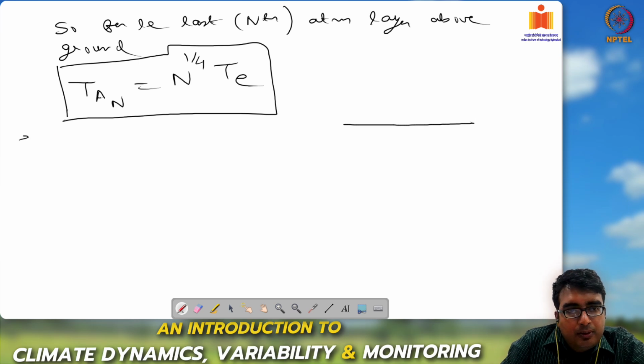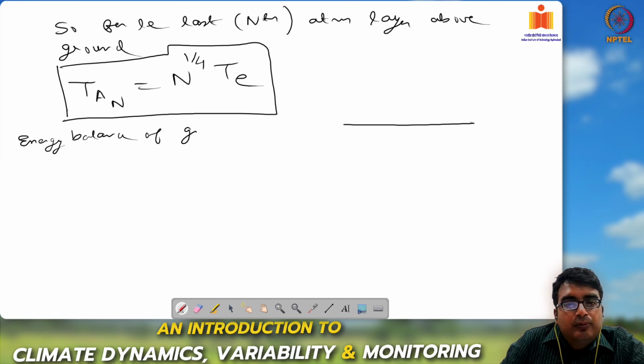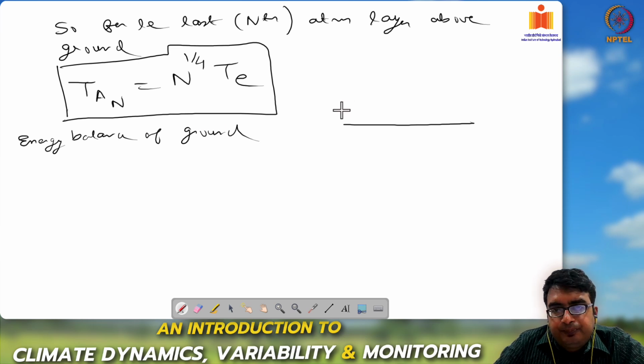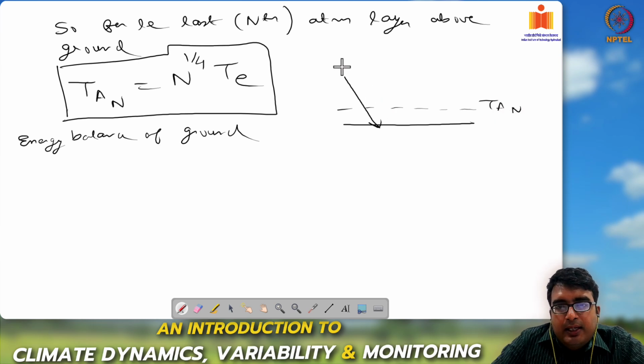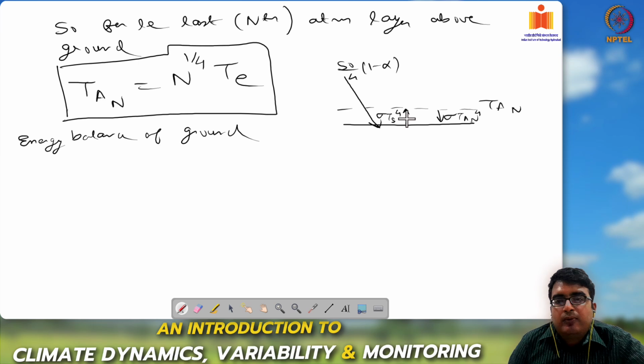So, energy balance of ground. This is TAN. We have S0 by 4, 1 minus alpha. Energy is coming here, sigma TAN to the power 4, and energy is going out, sigma Ts to the power 4.